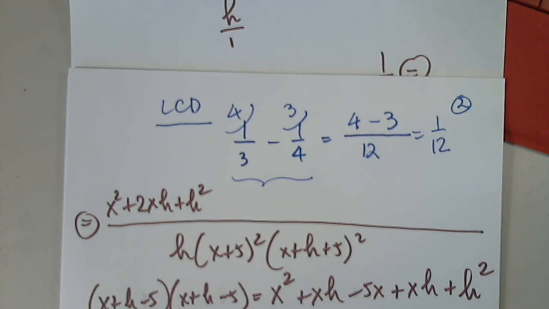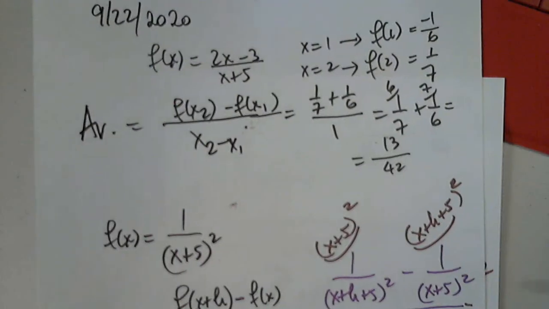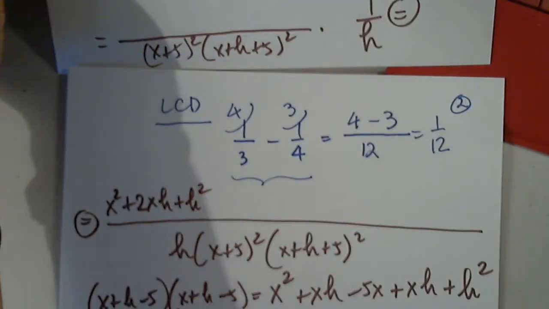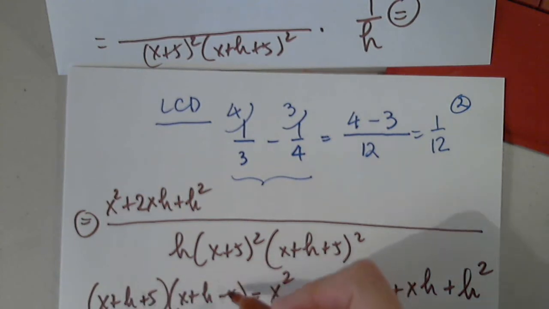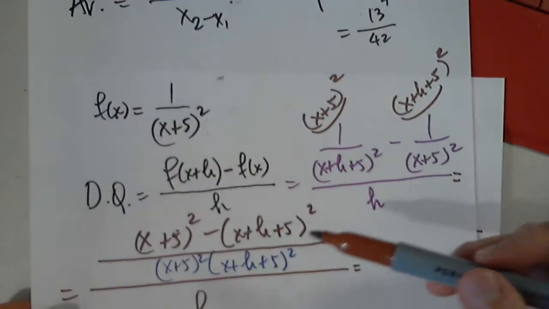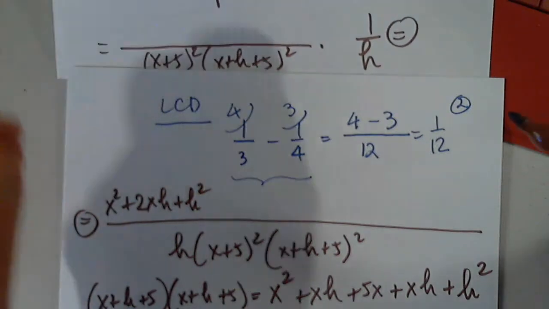Oh, it is plus 5. Here I had minus. I got it. Okay. And then it's also plus 5. It's all plus. I corrected everywhere. It's plus everywhere. Thank you very much.